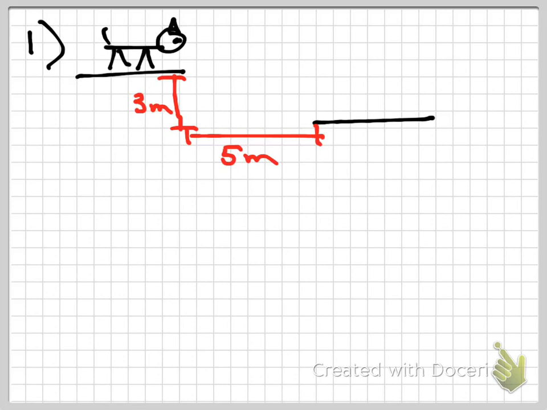So we want to find the minimum horizontal speed with which the cat must jump off the first roof in order to make it to the second roof. It's just jumping straight horizontally. So we are looking for Vx, the horizontal speed.